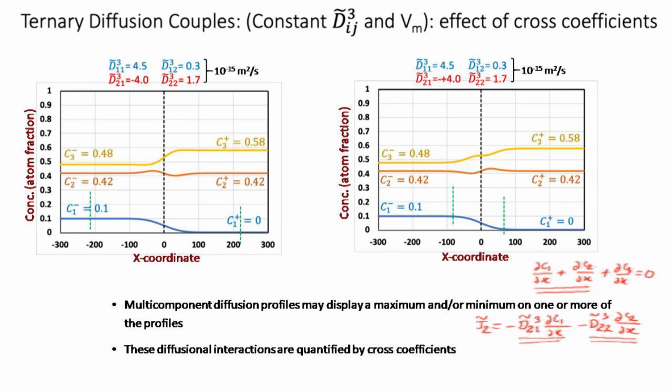With a similar logic, if d21 tilde was positive, it would have the reverse effect. The positive value of cross coefficient d21 tilde 3 means the interdiffusion flux of 2 is enhanced down the gradient of 1 and reduced up the gradient of 1. Okay. So, this is how the diffusional interaction can affect the concentration profiles in a multi-component system.